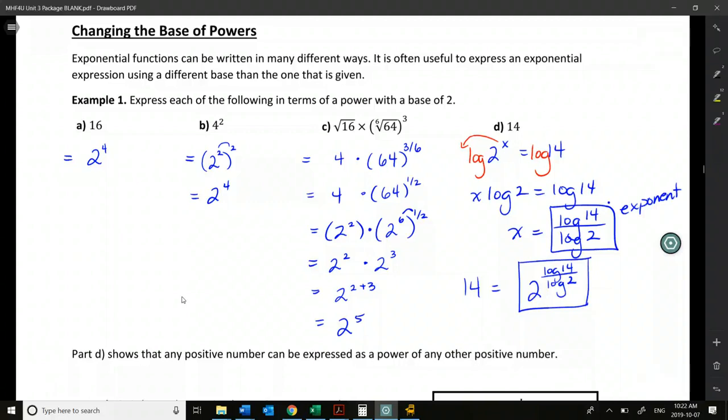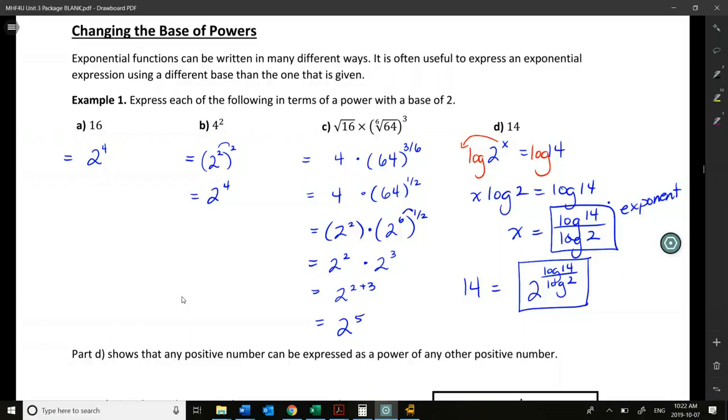Where did you get the 2 from? I'm expressing all of these with a base of 2, and that's what I solved for. I solved for 2 to what exponent equals 14, and I found that 2 to the exponent log 14 over log 2 is equal to 14. Why can't you plug that in your calculator again? You can, but I'm expressing it exactly, so plugging into our calculator is just going to give us a decimal.